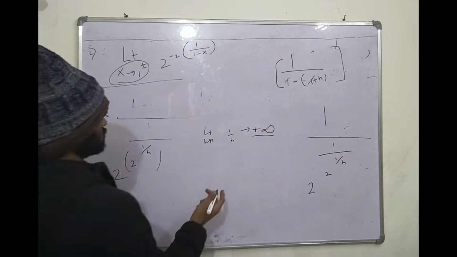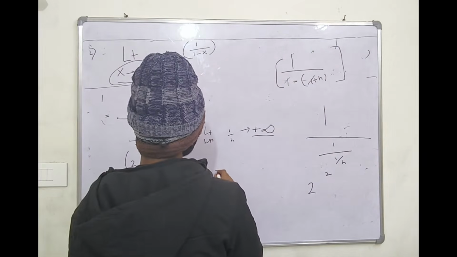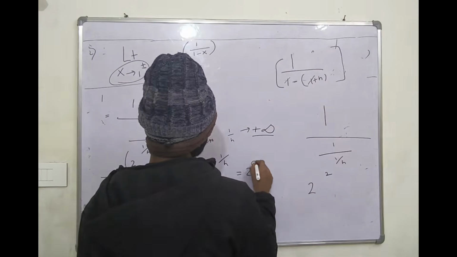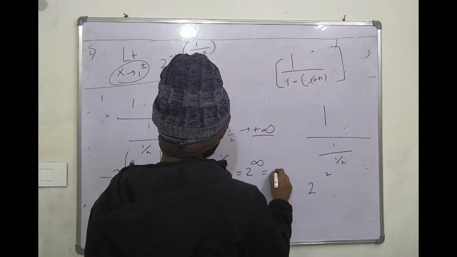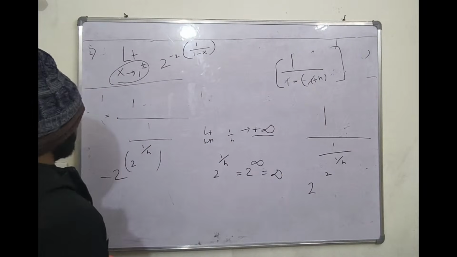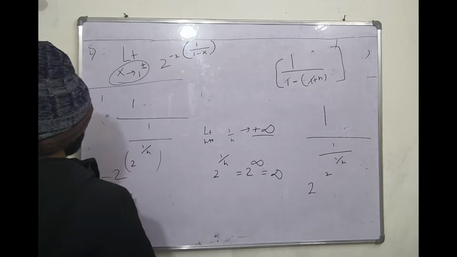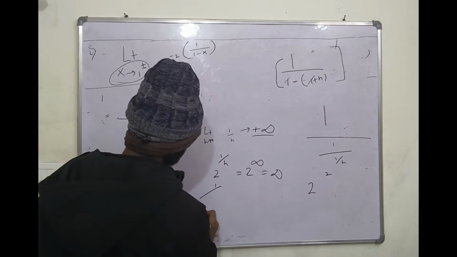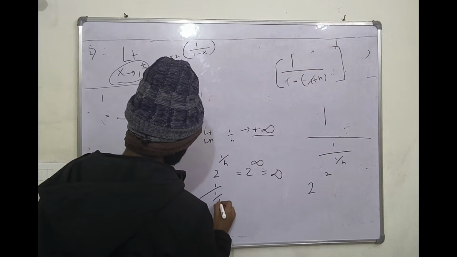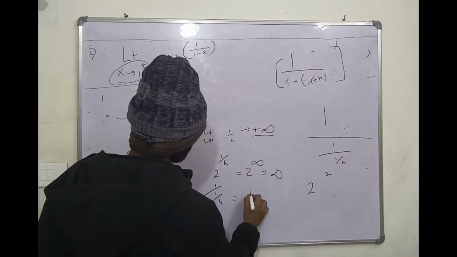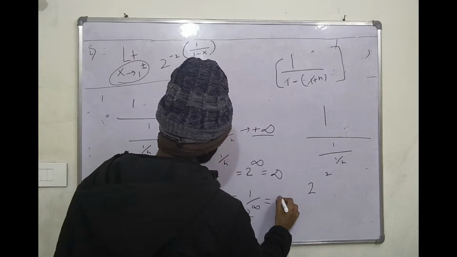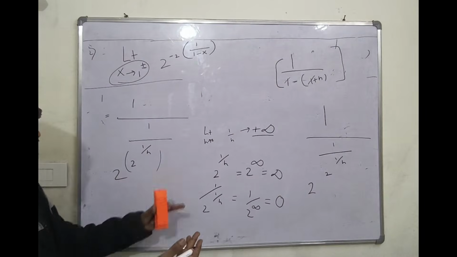So 2 power 1 by h equals 2 power infinity equals infinity. And 1 by 2 power 1 by h equals 1 by 2 power infinity equals 0, since 1 by infinity is 0.